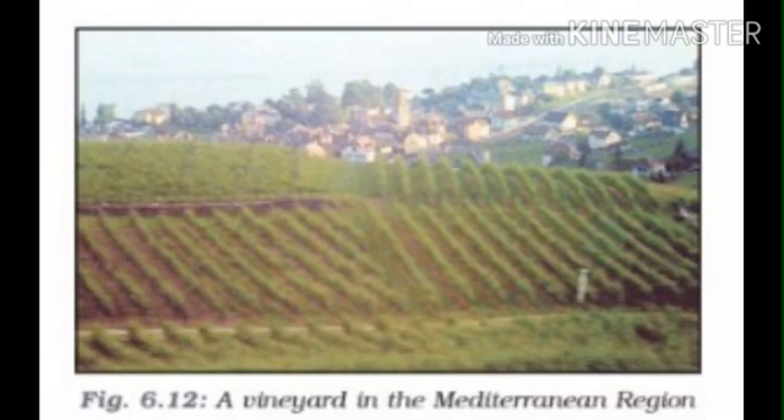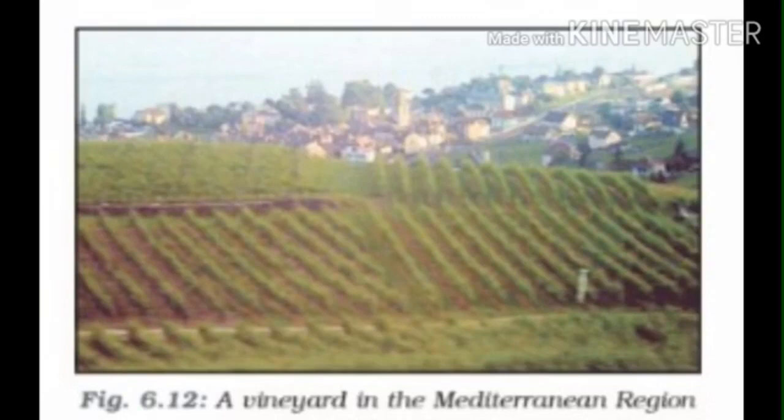Okay, children, what are the main characteristics of this vegetation? These trees grow well in regions of dry summer and wet winter. That is the first characteristic. Then they have broad leaves, thick bark, and wax coated leaves.